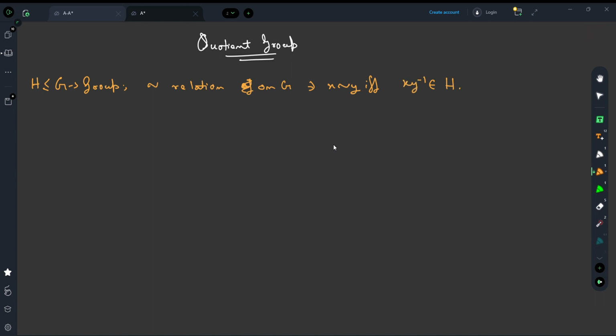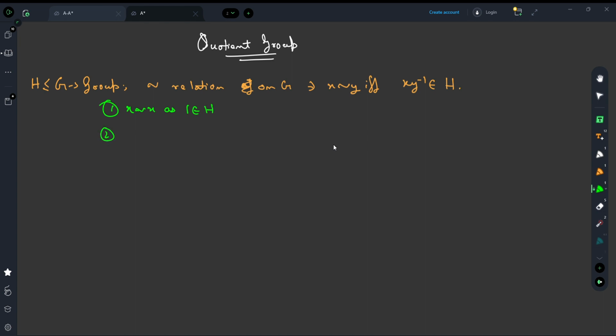So X is equivalent to Y if XY inverse is in H. X is equivalent to itself because 1 is in H, as H is a subgroup. If XY inverse is in H, then by the existence of inverses, the inverse of XY inverse, which is YX inverse, is also in H, which means Y is also equivalent to X.